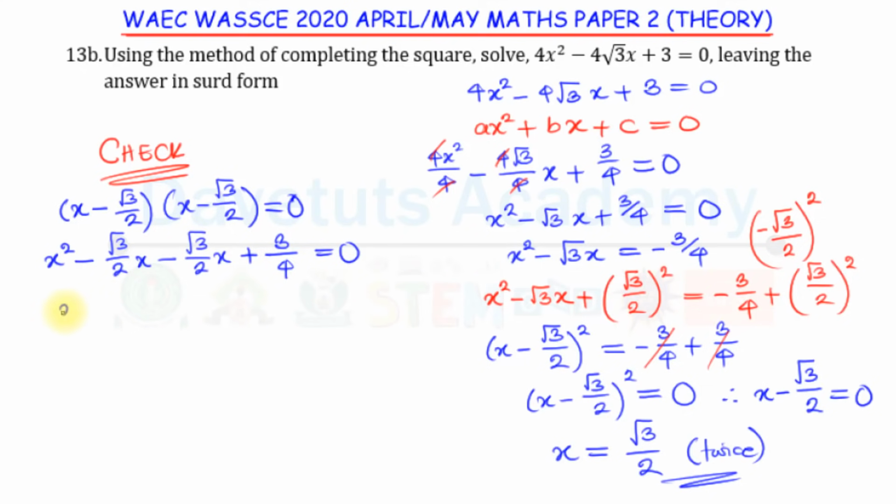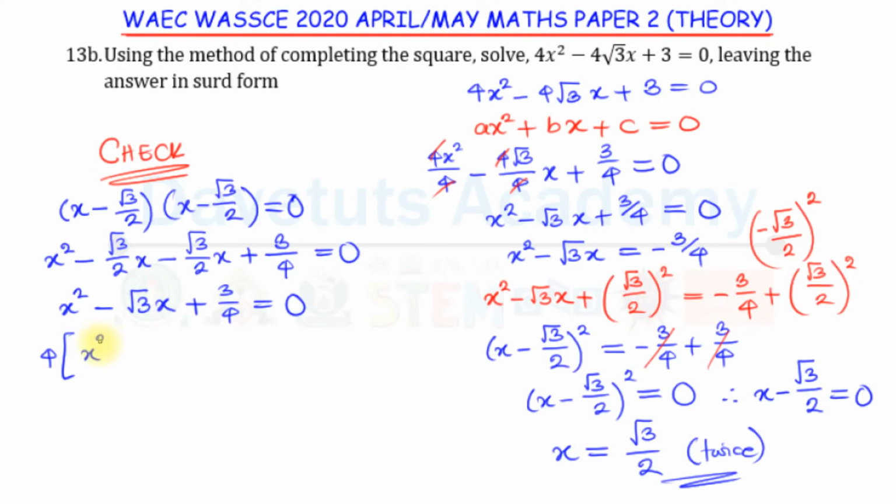Now this is the same as x squared. Here is as if we are having half of root 3 and another half of root 3, but they are both carrying negative sign. So it's as if we are having two halves that whenever we combine them together, they will give us a whole. So we have minus root 3 x plus 3 over 4 is equal to 0. We want to reverse back to see if we can get our original equation, and for that, we can multiply both sides by 4.